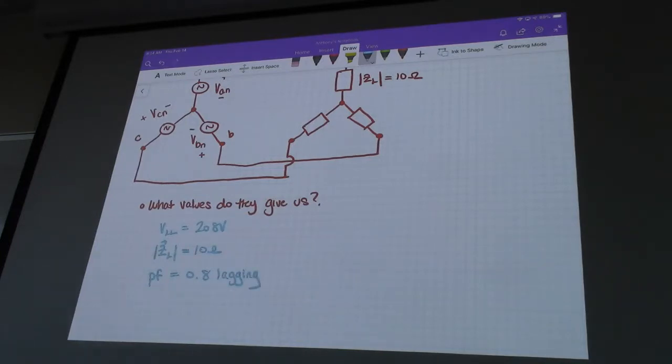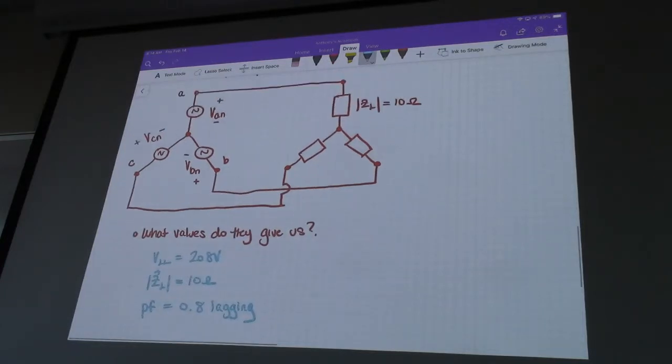Okay, so for this one, there's not really a need to go and interpret it from the ratings. They're nice, they give it to you very explicit. Then we have the 208 volts, which spans from here to here, right?